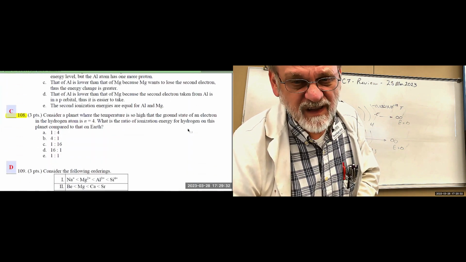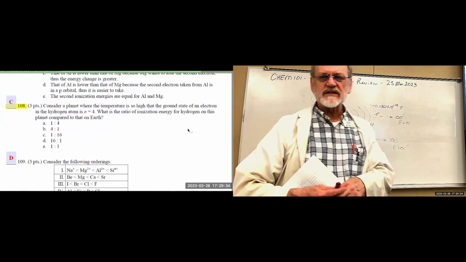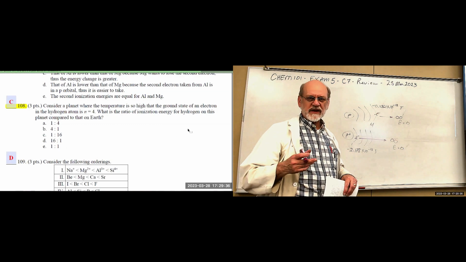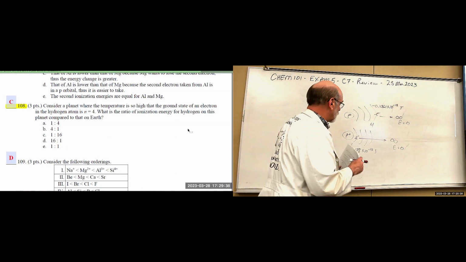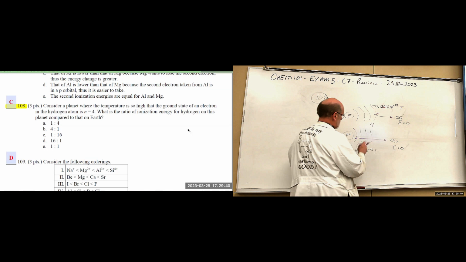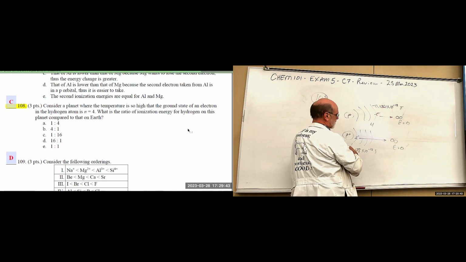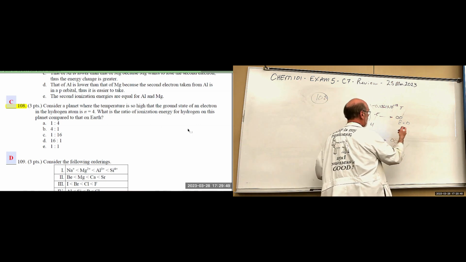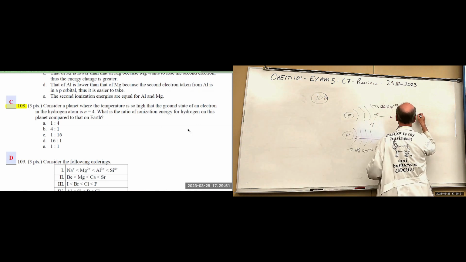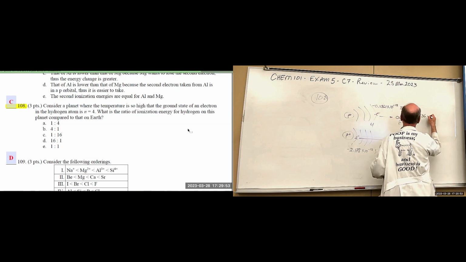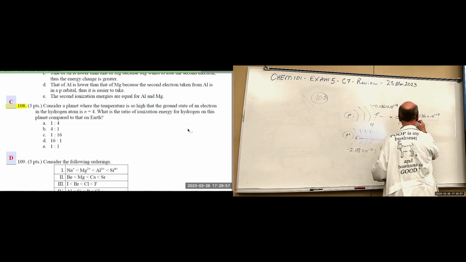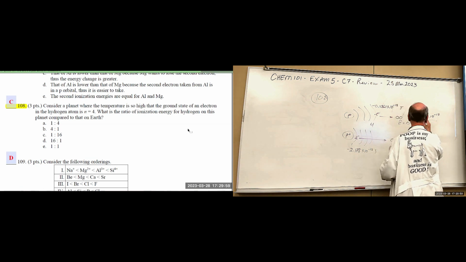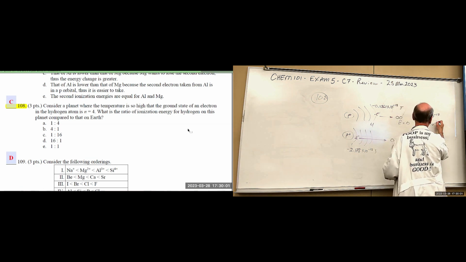There we go. What's the ratio of ionization energy for hydrogen on this planet compared to that on Earth? The ratio, this one compared to that one. So the ratio of this energy to that energy would be 0.136 times 10 to the minus 18 divided by 2.178 times 10 to the minus 18.